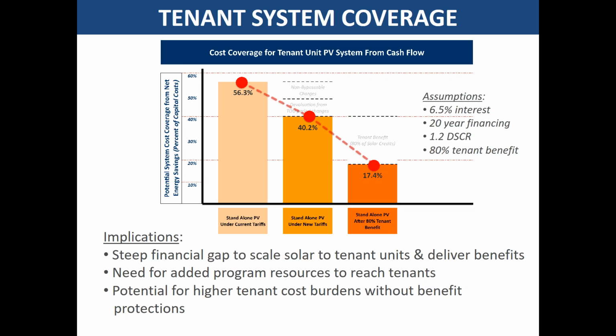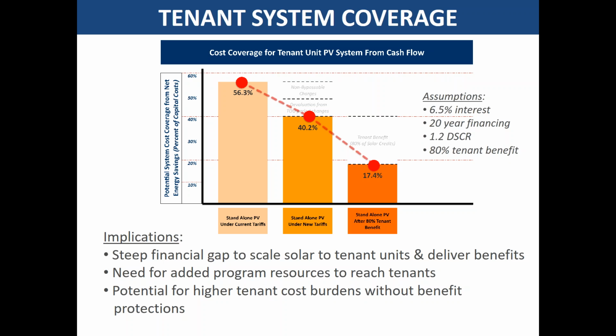With respect to the second chart here, this shows the similar dynamic associated with the revenue streams for tenants. And here in the first bar on the left, we see the cost coverage estimate of about 56%. Again, quite good under the modeled current TOU rates for households under the CARE rate structure.